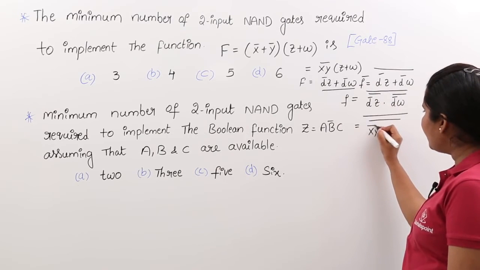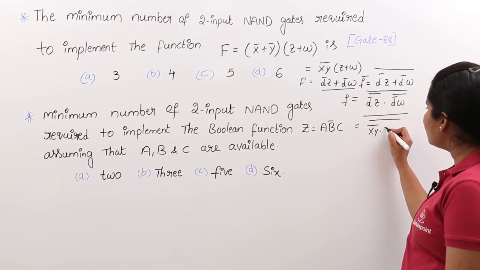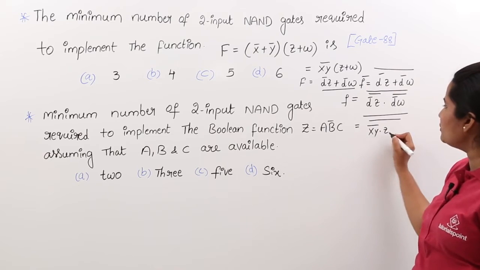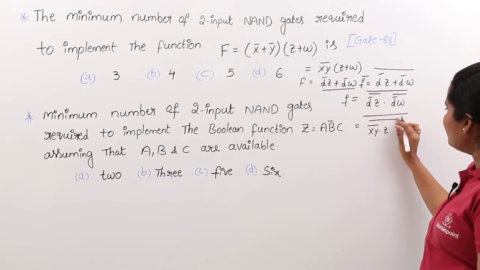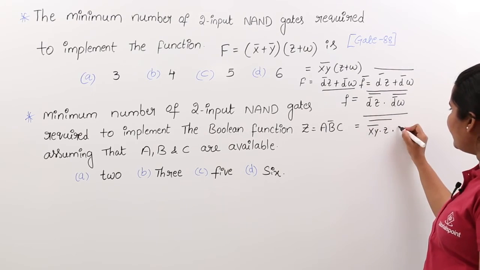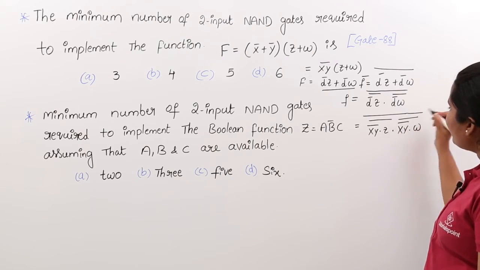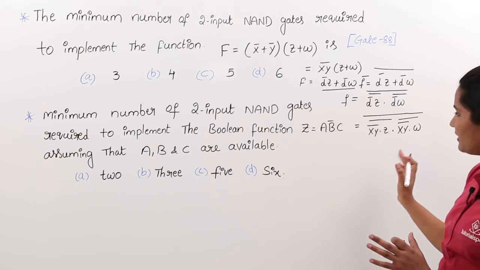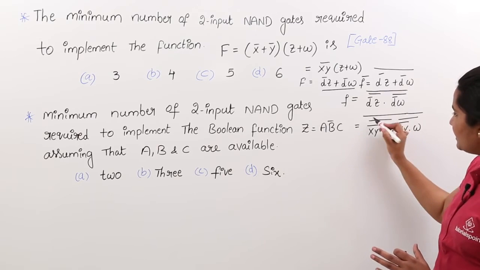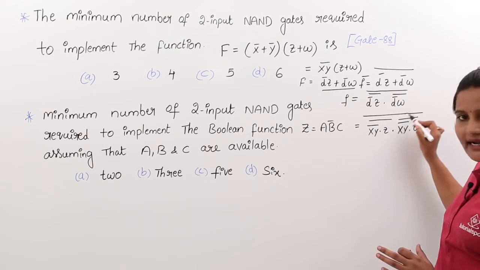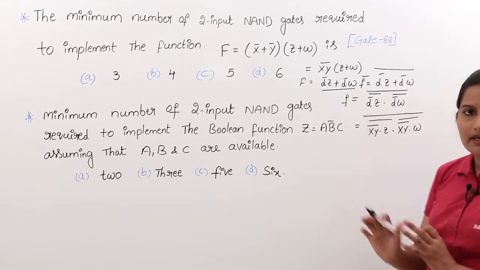I am taking d into z whole bar, into again d into w whole bar. How many NAND combinations are there? Here, this total one multiplied with this total one, whole bar.